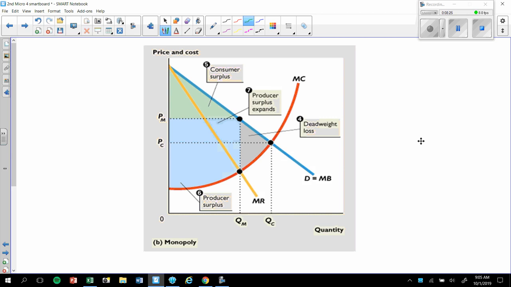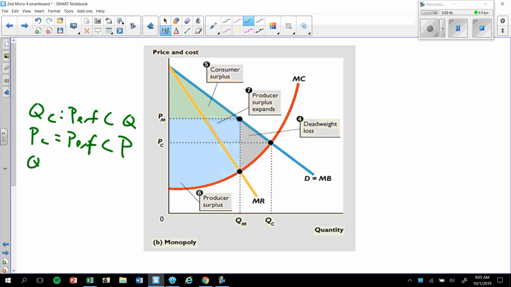When you look at this, QC is the perfect competition quantity, PC is the perfect competition price, QM is the monopoly quantity, and PM is the monopoly price. So you can kind of acclimate where you are on this thing here.